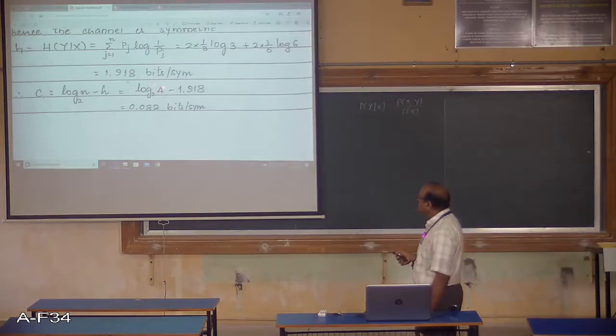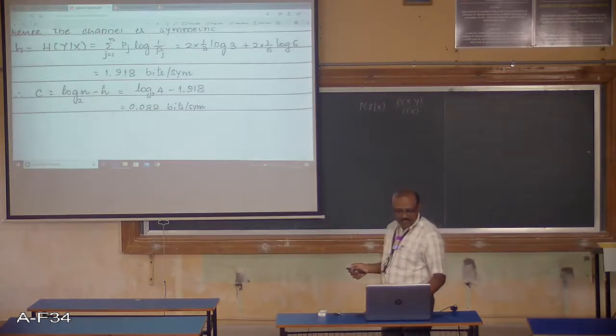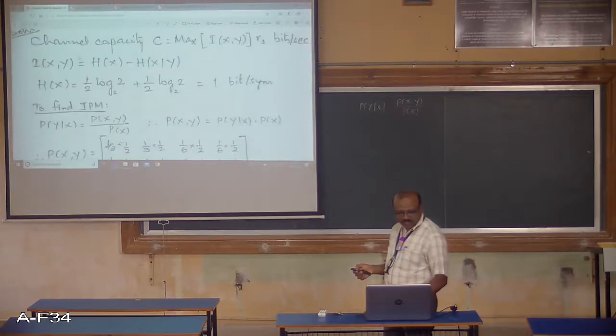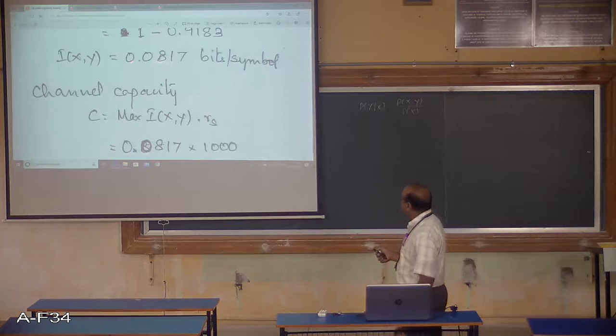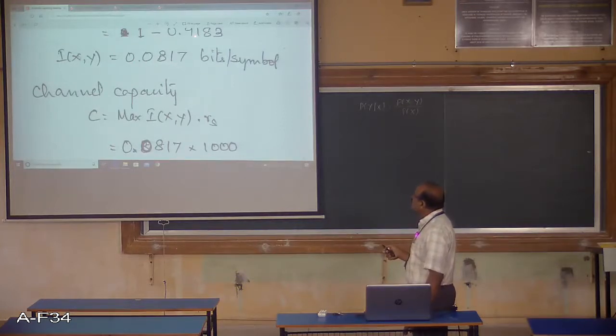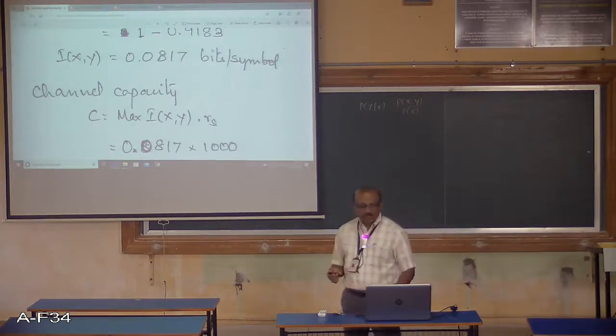So log 4 to the base 2 minus this comes out to be 0.0817, which is the same answer we got with the basic fundamental calculations. If you put that fourth digit also, it comes out to be 0.0817.